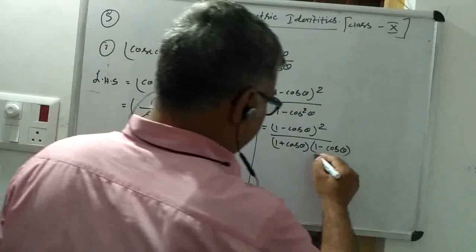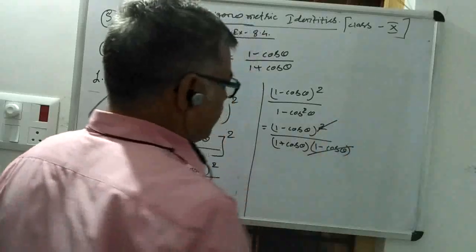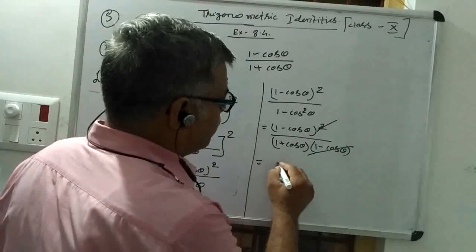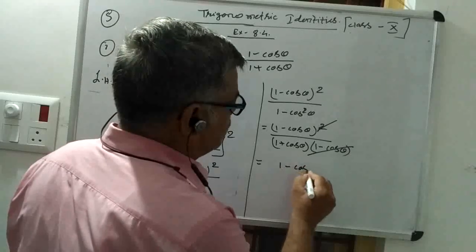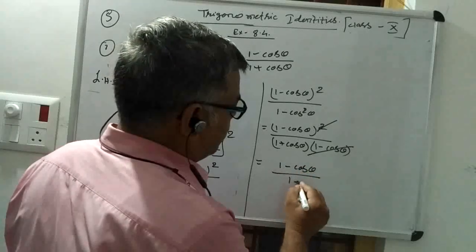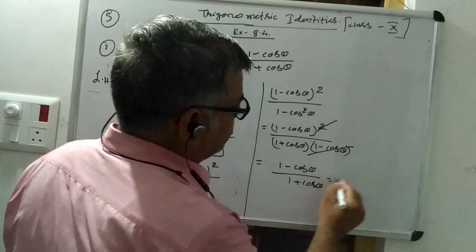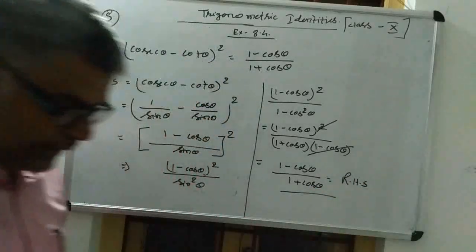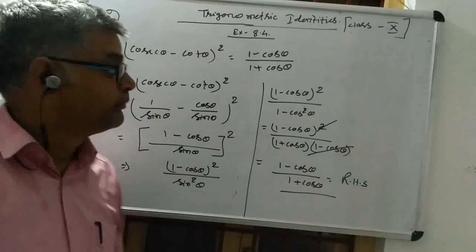So 1 minus cos theta from the numerator and denominator will get cancelled, and we are finally left with 1 minus cos theta by 1 plus cos theta, and this is your RHS. Thus your identity has been proved.